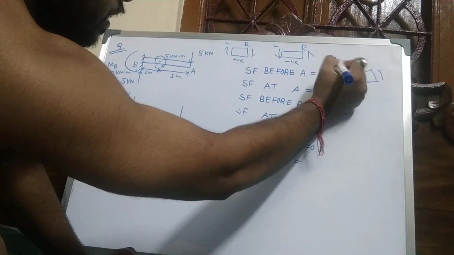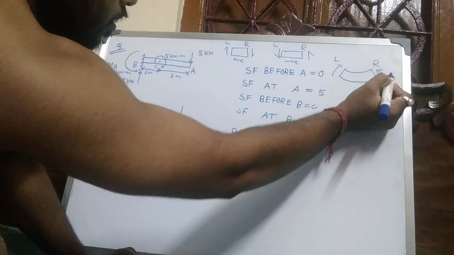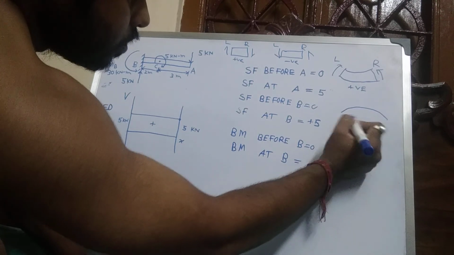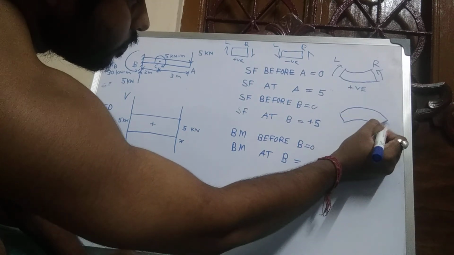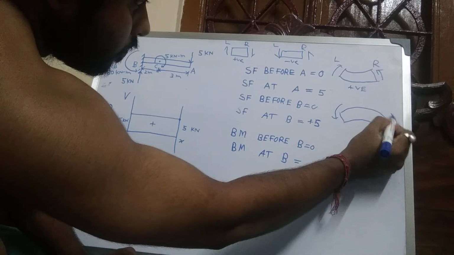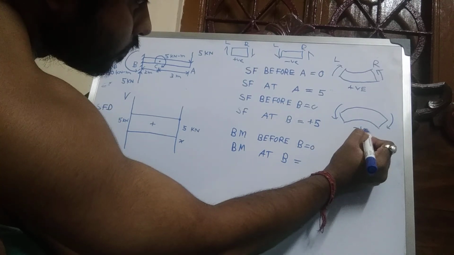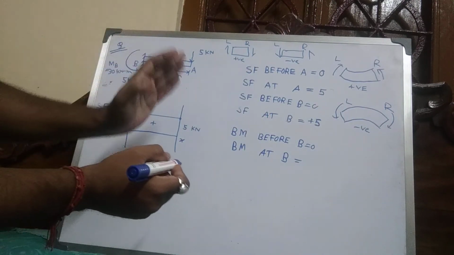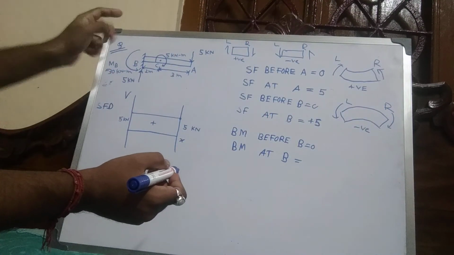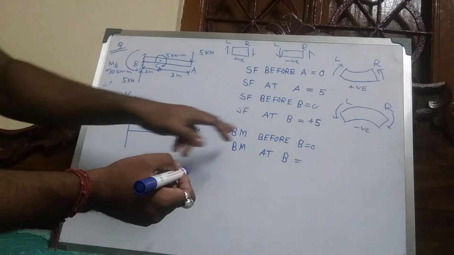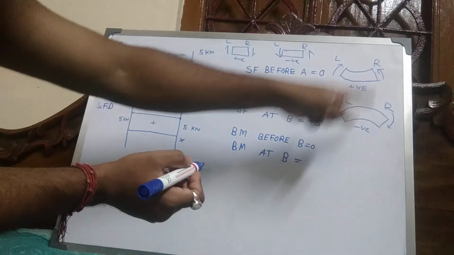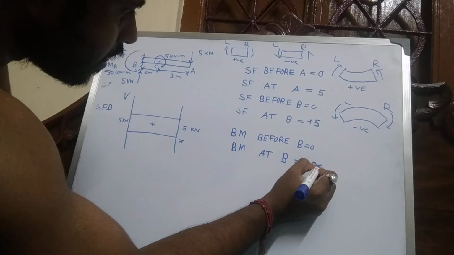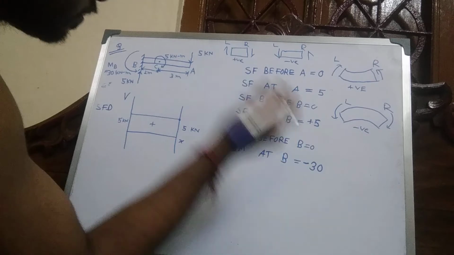This is sagging left to right, this is positive bending moment, this is hogging, negative left to right. Now left side counterclockwise means negative 30 at B, negative 30.